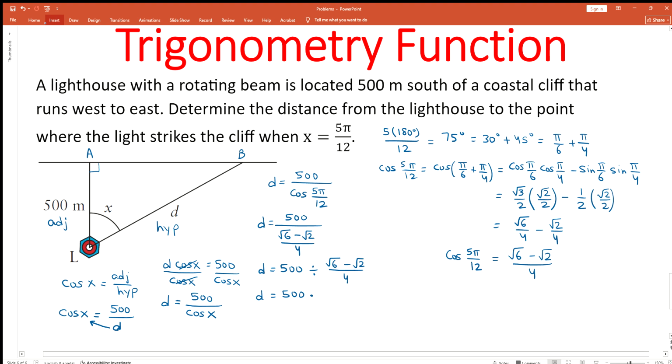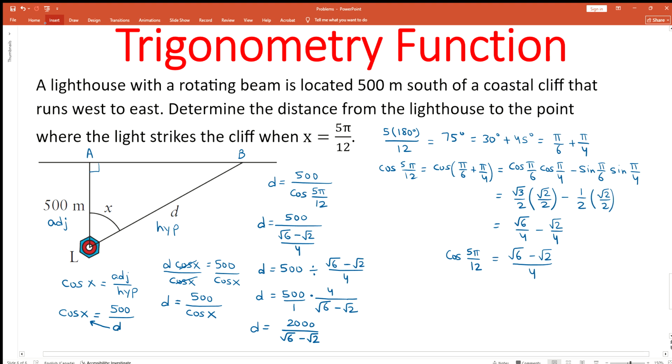We should flip the fraction square root 6 minus square root 2 over 4 to 4 over square root 6 minus square root 2. Next, we can multiply the terms. The denominator of 500 is 1. We multiply the top terms and the bottom terms. 500 times 4 is 2000. So I get 2000 over square root 6 minus square root 2.